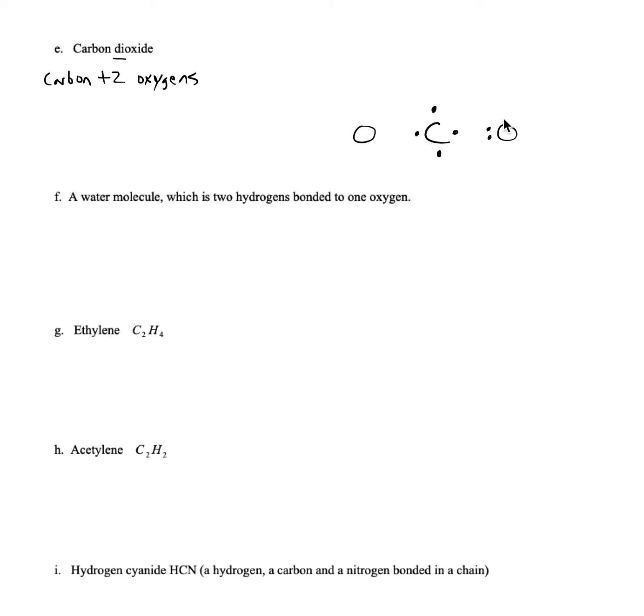I'll start by drawing all the valence electrons that all the elements have. And now let's try bonding carbon to oxygen on the right and carbon to oxygen on the left.